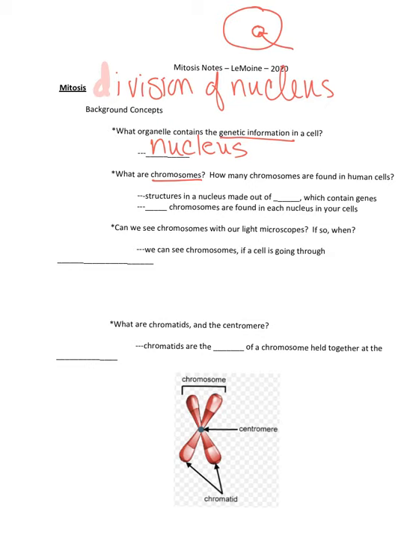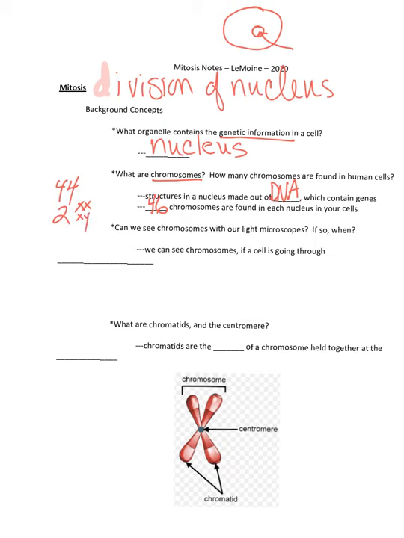So structures in the nucleus that are made out of DNA are known as chromosomes, and you have 46 of those in every cell in your body. So you have 44 body type chromosomes, and then you have 2 X or sex chromosomes. You could be XX if you're a girl, or XY if you're a boy.